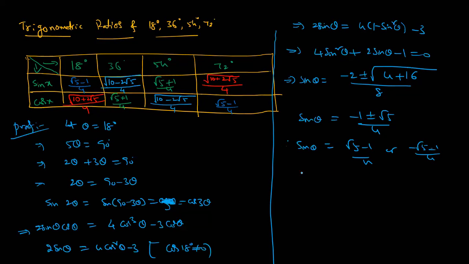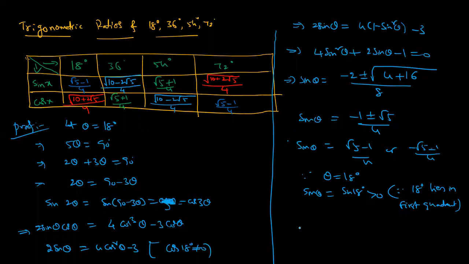Therefore, sine theta is root 5 minus 1 by 4 or minus 1 minus root 5 by 4. Dear students, what is the value of theta actually? 18 degrees. That means sine 18 degrees is always positive, because 18 degrees lies in the first quadrant.